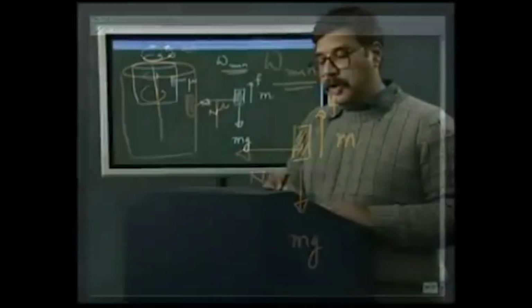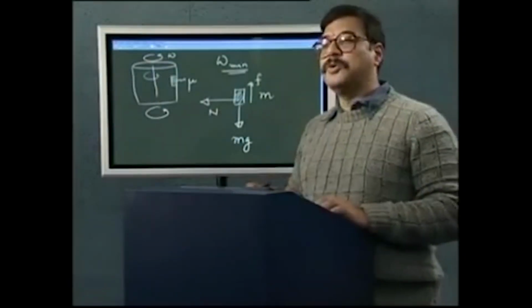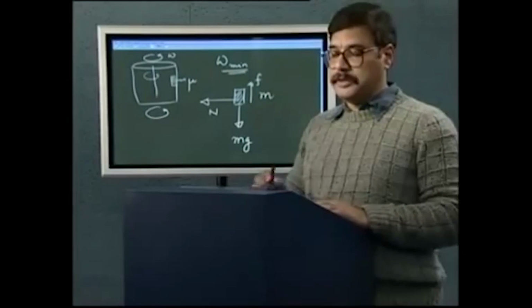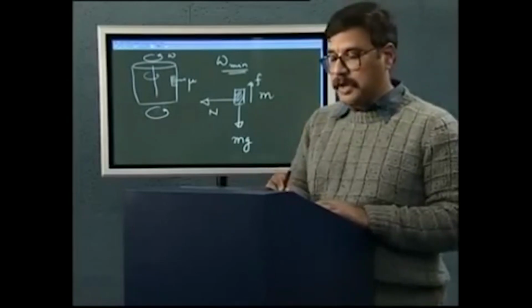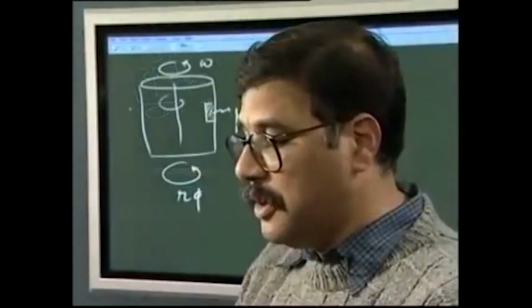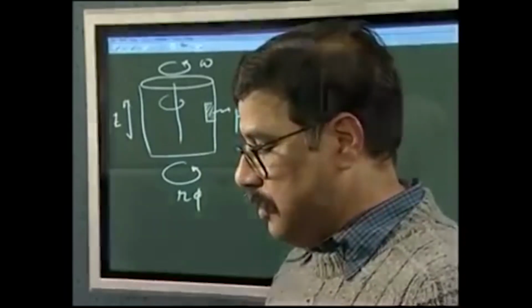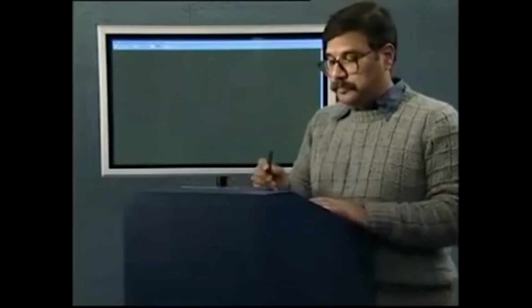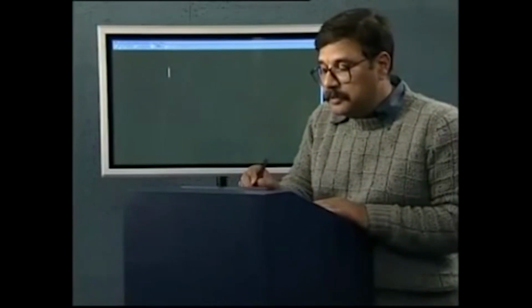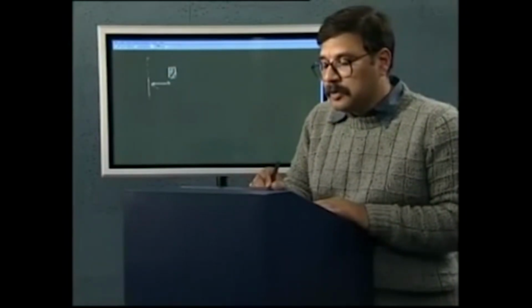Again, since this is a rotational motion, I am going to go to cylindrical polar coordinates, because this is rotating this way. I will use r and phi in this direction, and for this direction I will use z. So, let us see what happens to this mass. This is at a distance equal to the radius of the cylinder from the center. It is being pulled down by weight mg.